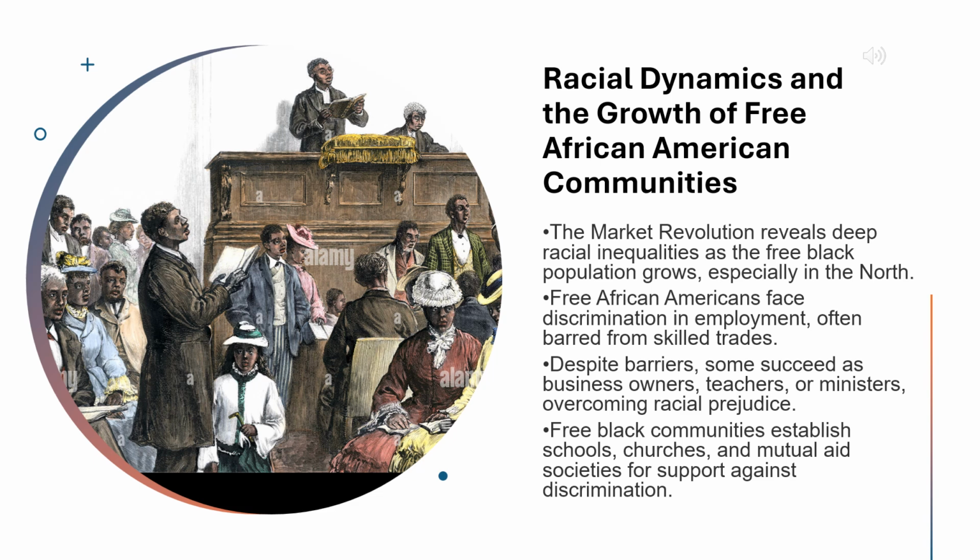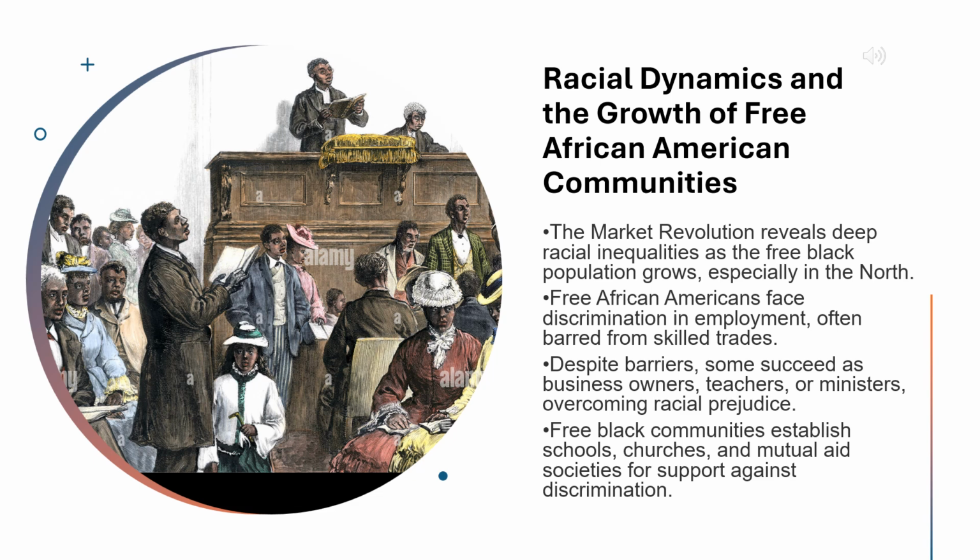Free African Americans were often excluded from skilled trades and professional occupations, while artisans and labor unions frequently refused to train or hire black workers, forcing many African Americans into low-paying menial jobs. Despite these barriers, some African Americans found success as business owners, teachers, or ministers, though they often had to work harder to overcome racial prejudice.